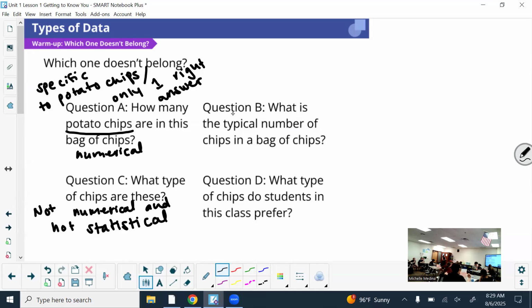There are reasons that B and D don't belong, so let's see what the book came up with. Okay, so B, what is the typical number of chips in a bag of chips?